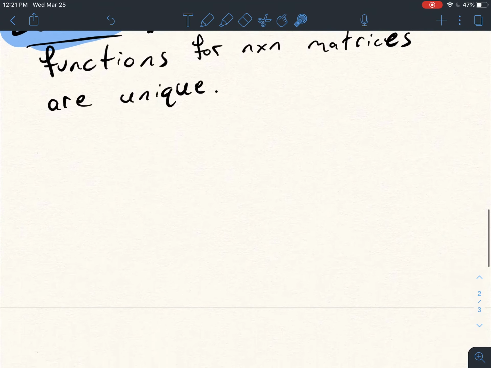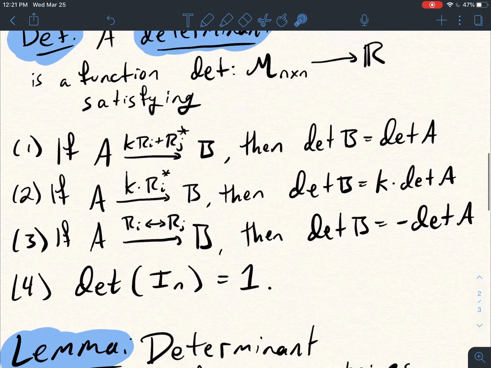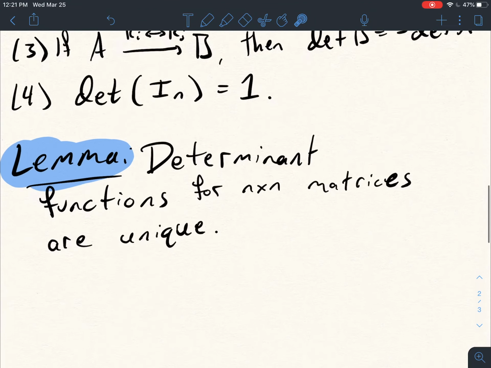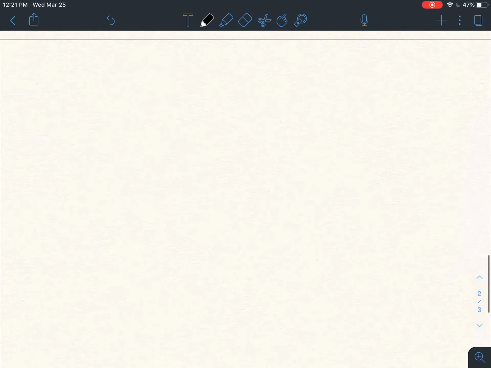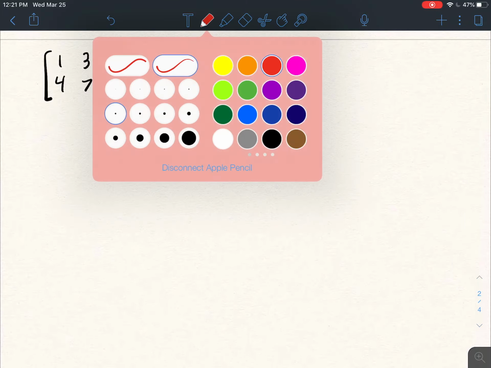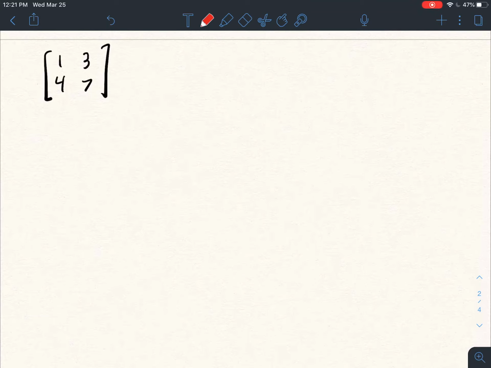So let's do an example real quick. Let's just pick a random matrix: 1, 3, 4, 7. If I were to use the previous check, I could check to see if AD minus BC is equal to 0 or not.